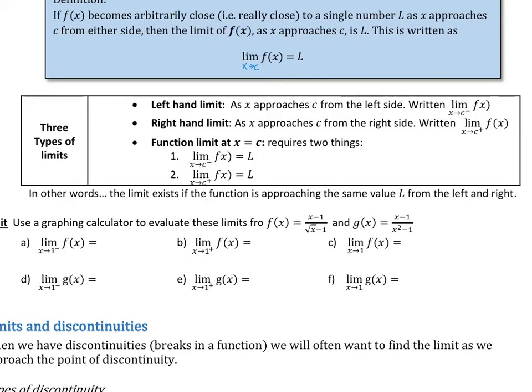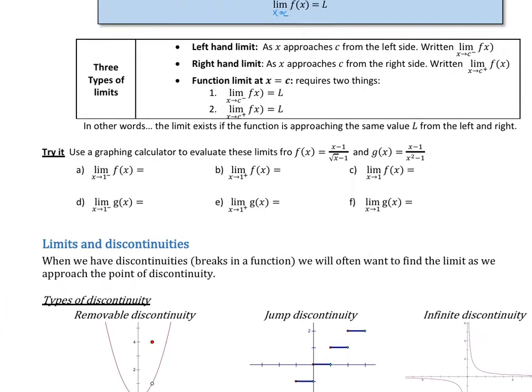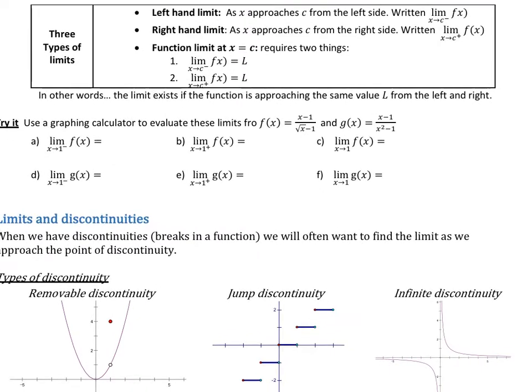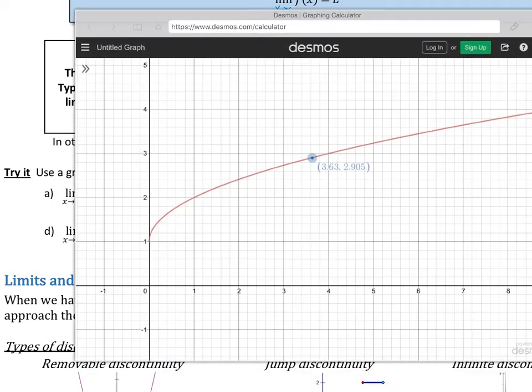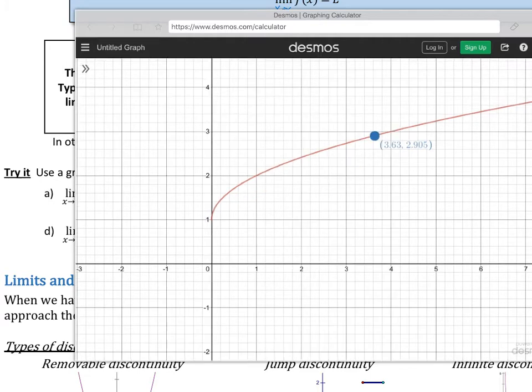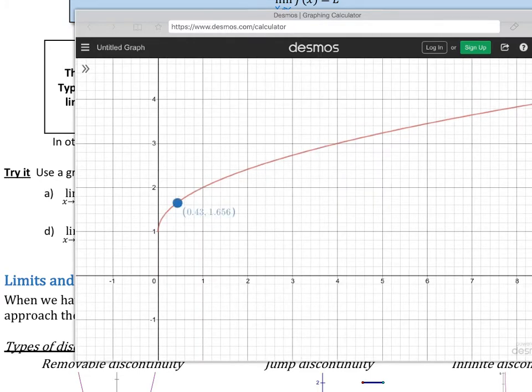All right, so if we take a look at this here we got a couple functions, and let's look at their limits. So we want to look at this limit here of this function f of x, x minus 1 over the square root of x minus 1. And we want to find out what happens as x is getting close to 1 from the left side. So I take this point here and come over from the left side.